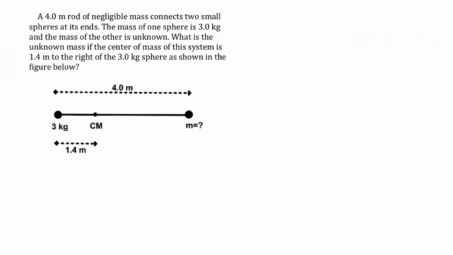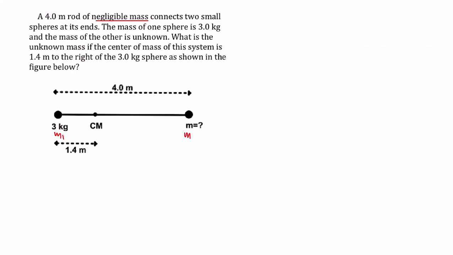The question informs us that, according to the diagram, we have an object of mass 3 kgs and a stick that has negligible mass, so we don't care about the mass of the stick, but we have another mass somewhere 4 meters away from the first mass, and we know that the system of the two masses has a center of mass that is 1.4 meters away from the first mass. So we need to figure out what is the mass on the right side. So we can consider that the 3 kgs is our first mass.